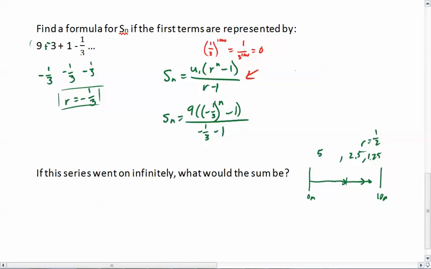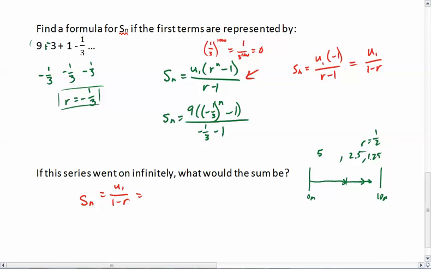Sn equals u1 times -1 over r minus 1, which is usually rewritten to be u1 over 1 minus r. Multiply the top by -1, multiply the bottom by -1. So that's what we're going to use here: Sn equals u1 over 1 minus r. And that's going to allow us to find out what would happen if we added all these pieces up.